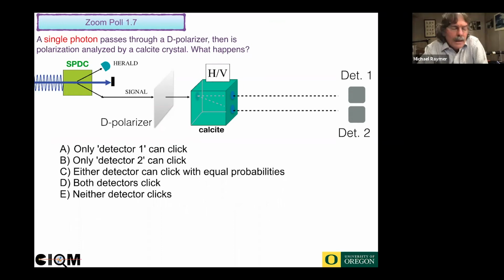And remember, the calcite crystal is a linear optics device. It's very different from the crystal on the left, which is a nonlinear crystal. Okay, I'm going to end there. And I'm going to share the results.